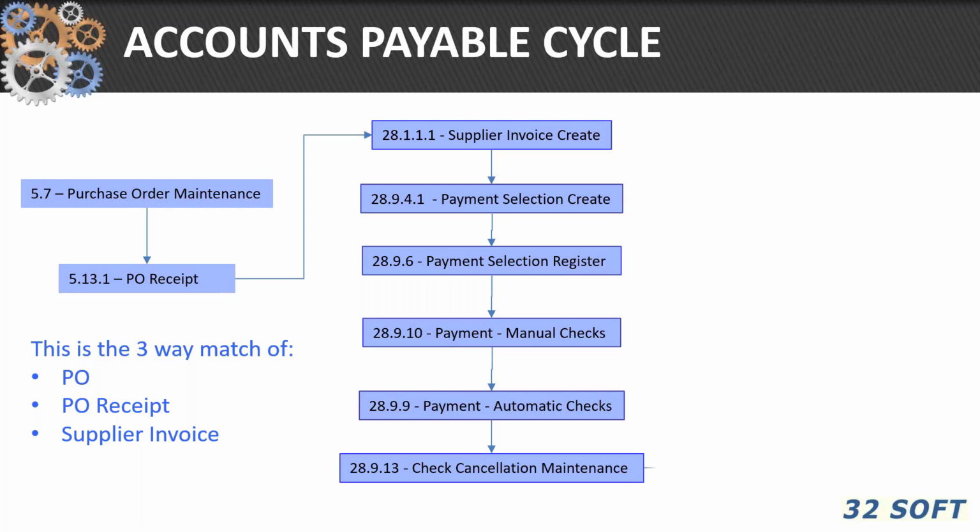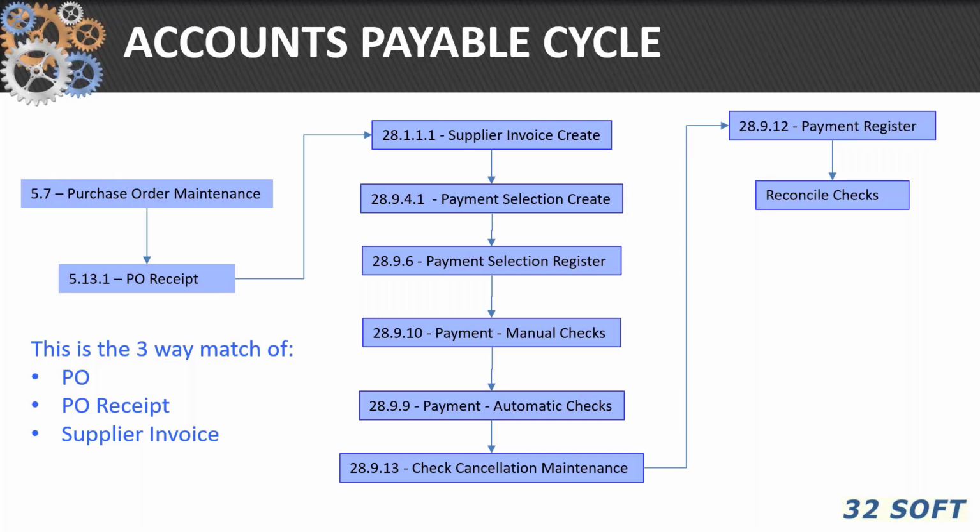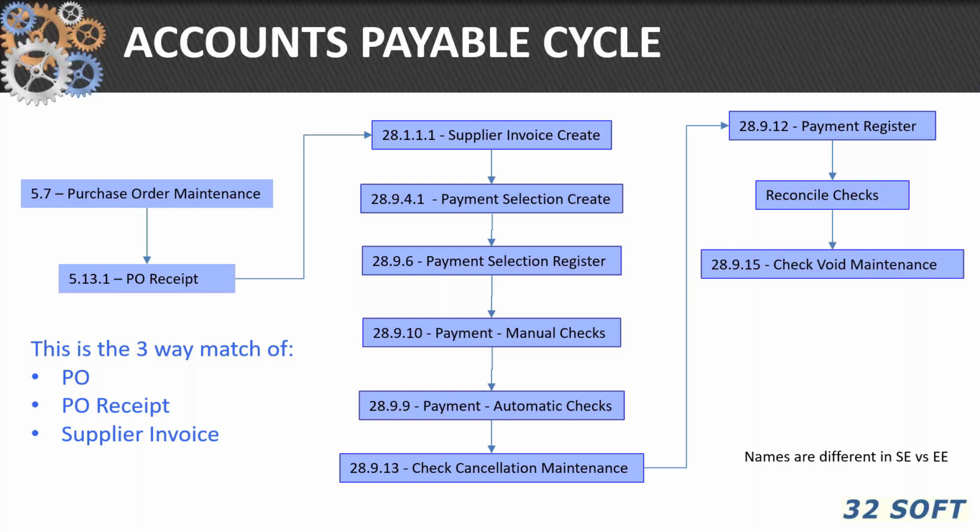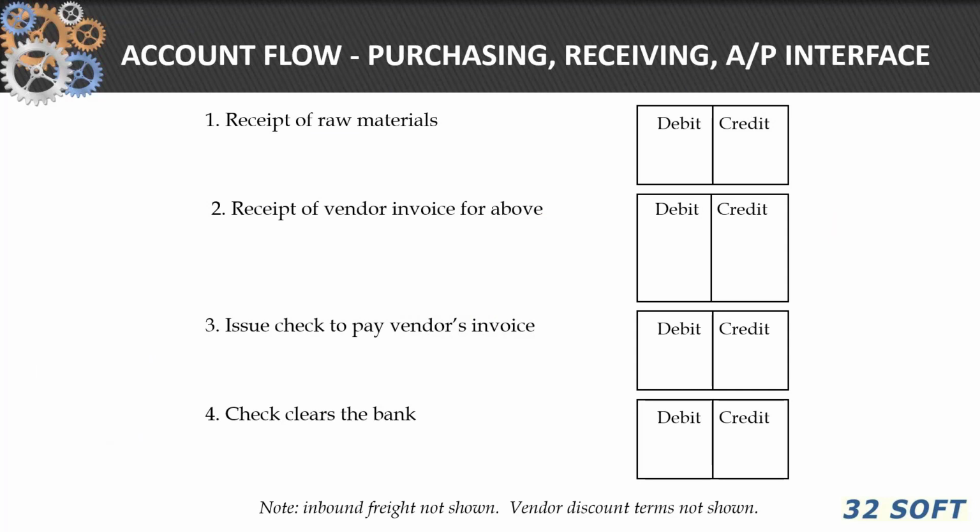You can cancel checks. And then the payment register is going to actually then reconcile the checks that are written. The names in SE are different than EE, so be careful exactly how you interpret that flow chart, but that's basically how you do it.